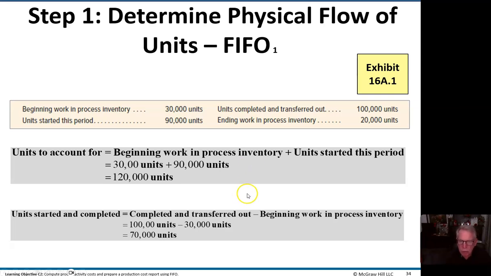Now these are units, not dollars, as you would know. And so the units started and completed, we're going to have completed and transferred out minus the beginning work in process inventory here. A little bit different. So here's our 30,000 units. And so the units started and completed is going to be 70,000 units.